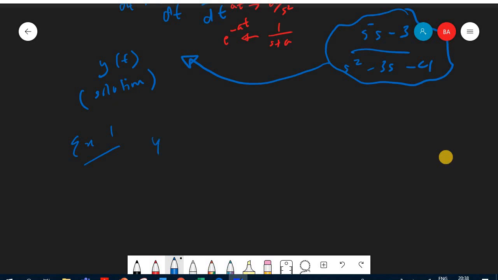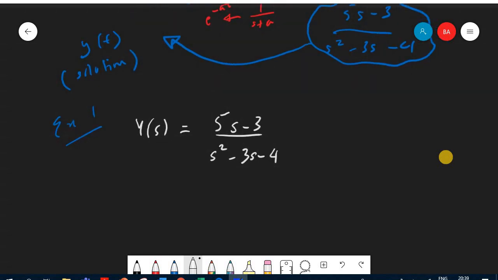I have my example here, which is y of s, in the S domain, and it is equal to 5s minus 3 over s squared minus 3s minus 4. Here s is just like an x function, just a variable, but now we know that this variable is in the S domain. So this is my problem: how can I change that into y of t?